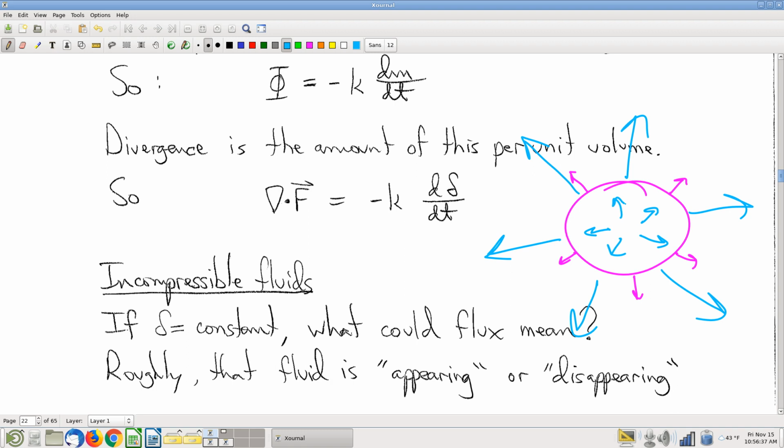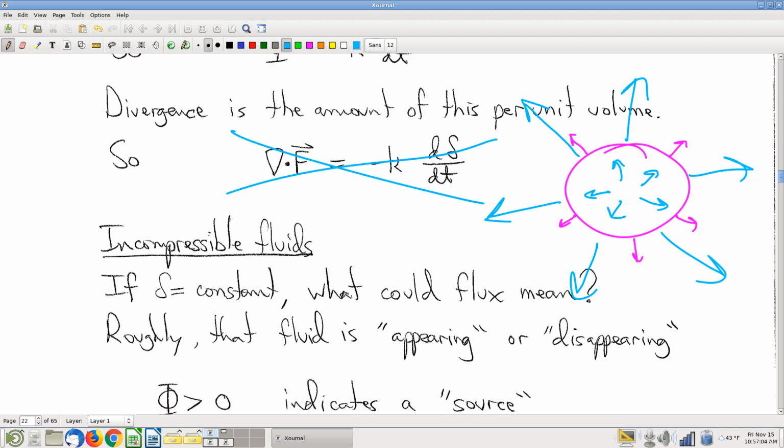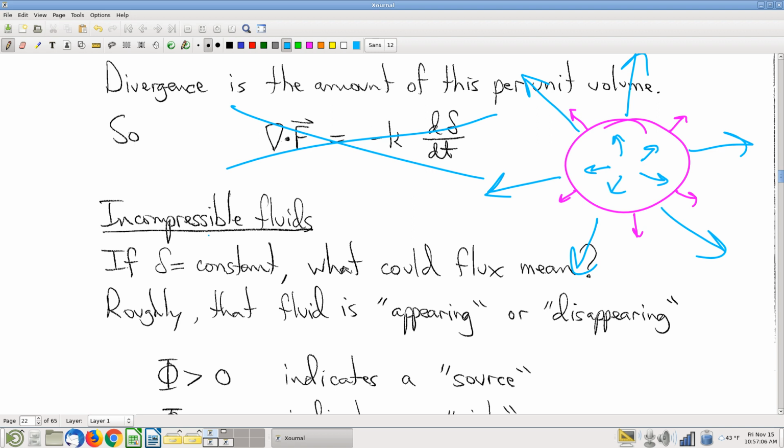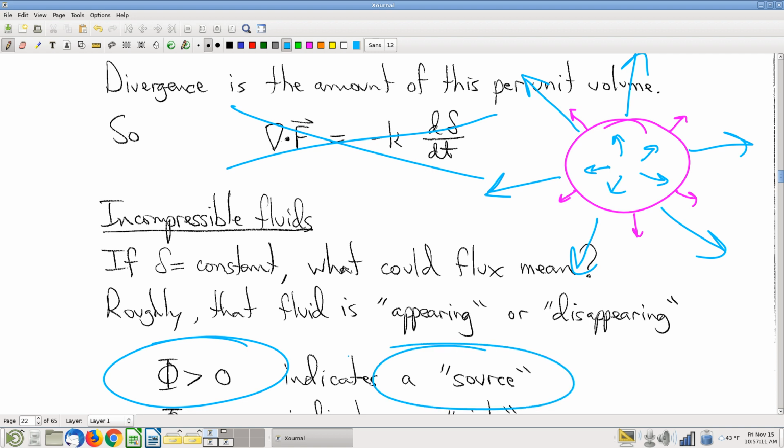Okay, so now let's let go of the idea of water and just think about, in general, if there were some fluid where density is not changing and where we can't make this interpretation at all, what does it mean that there is a fluid that's just ever present, constantly fluxing out positively, always? Well, there must be a fluid source, right? This picture here, positive amount of flux means, well, it's coming from somewhere.